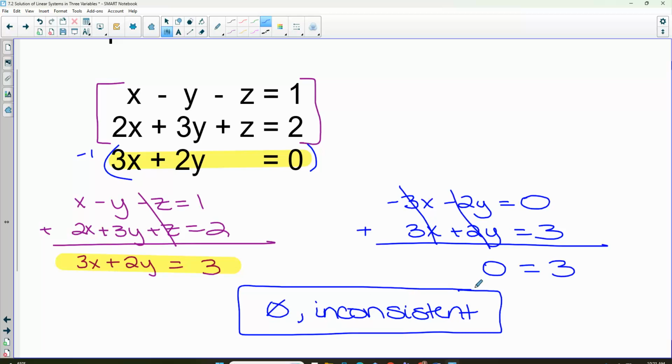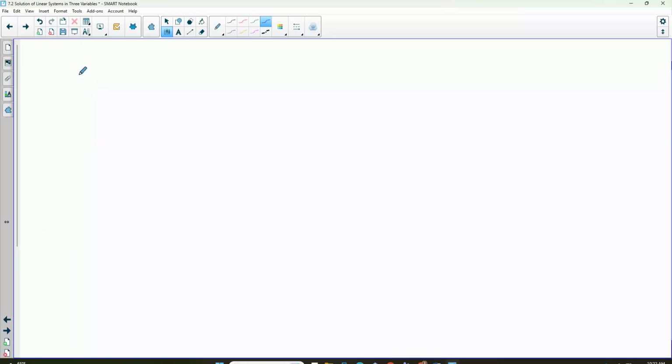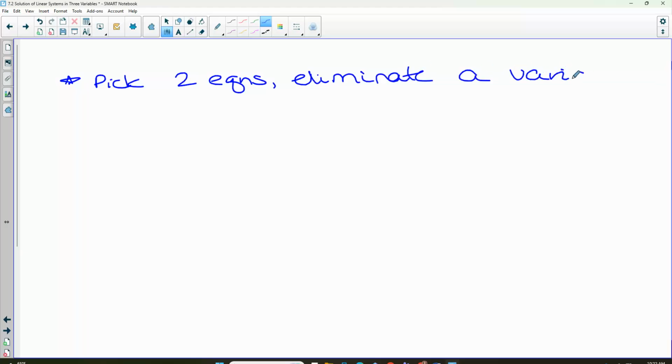All right. These problems are longer, but we have a strategy that we're using every time. So it's pick two equations, eliminate a variable. Then we have to use the third equation.